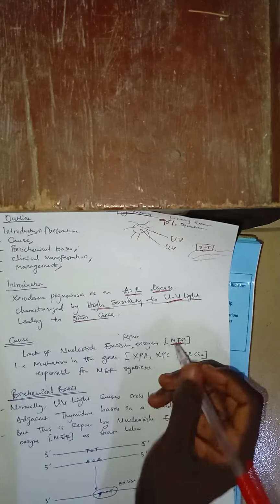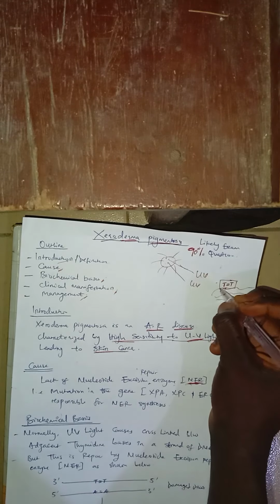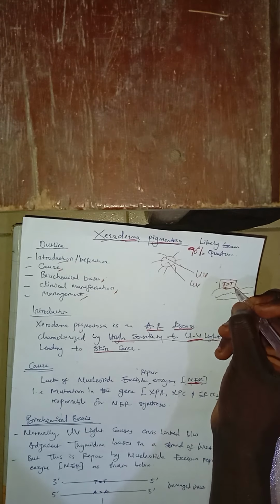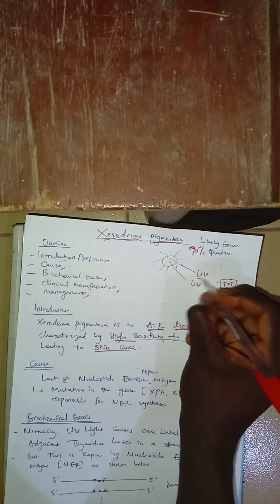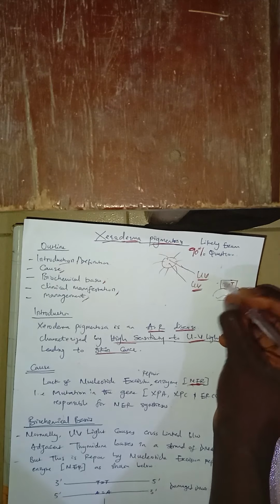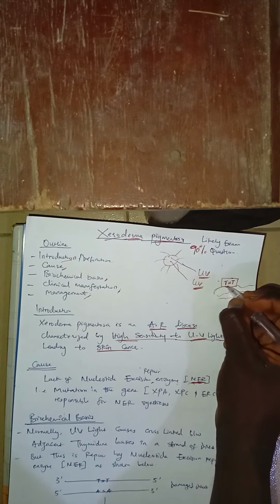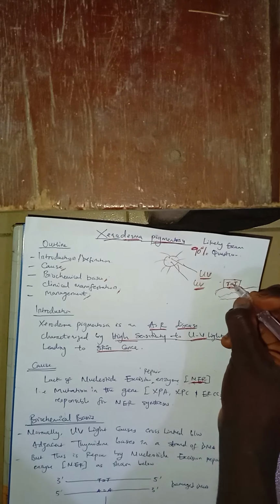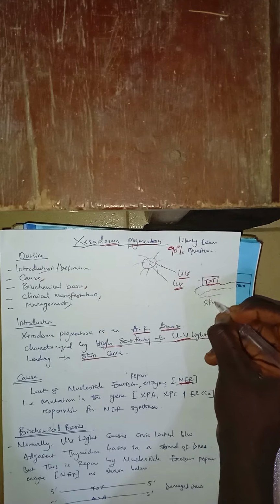Once they form this polymerization, for a normal person, the nucleotide excision repair enzyme will help to correct this. It will remove it, and they are going to synthesize a new one there. But in this case now, this enzyme is defective. So even when the person is exposed to UV light, they cannot repair this. And if you cannot repair this polymerization of thymine nucleotides in that particular strand of DNA, there are high chances that the person will have skin cancer.